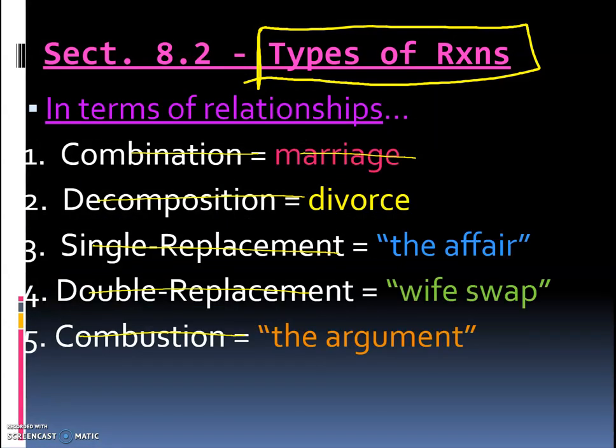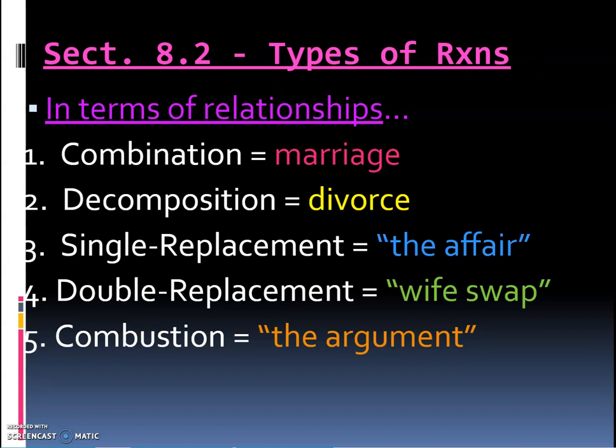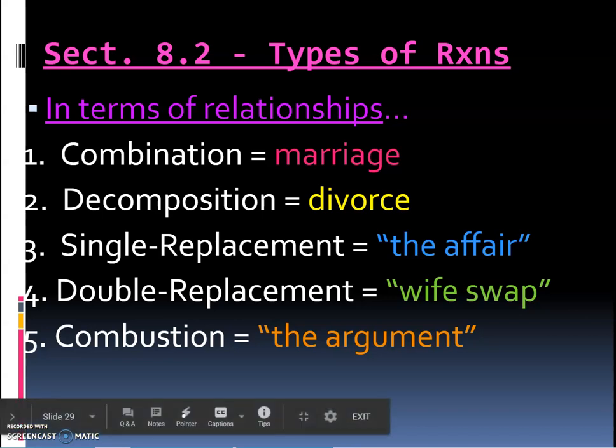We're going to talk about combination in terms of marriages, decomposition in terms of divorce, single replacement as the affair, and you'll see about who cheats on whom, double replacement, wife swap, and combustion would be an argument. And all relationships are going to have an argument in them, no matter how loving they are.